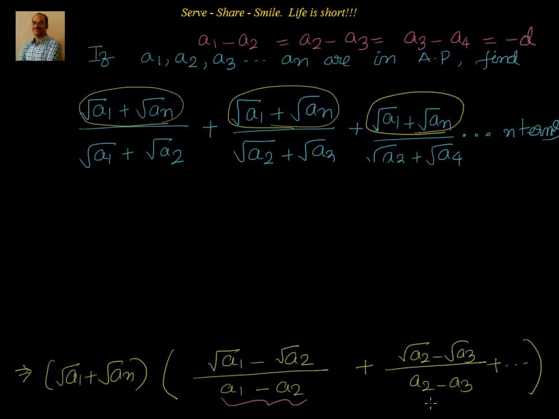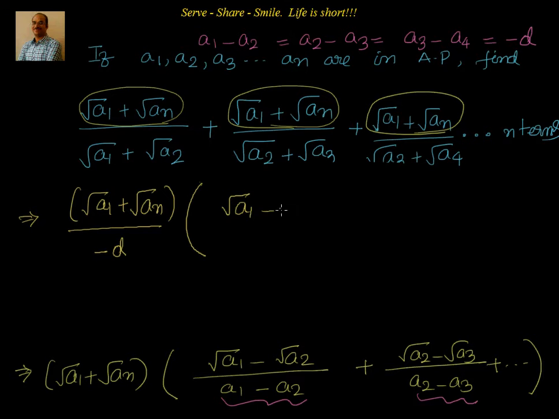So can I change all of them to minus d so that I can work on the numerators now? The next step will be root of a1 plus root of an, and a1 minus a2, a2 minus a3, all of them are minus d. So can I take it common?